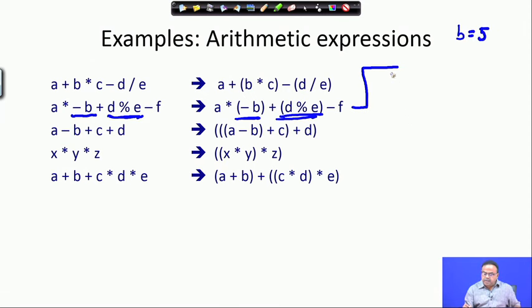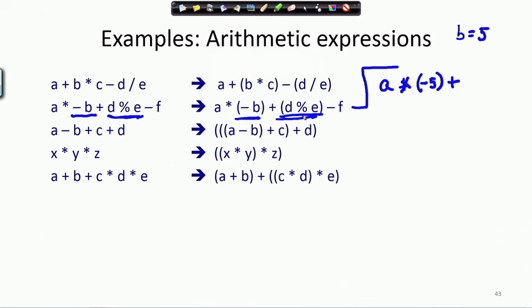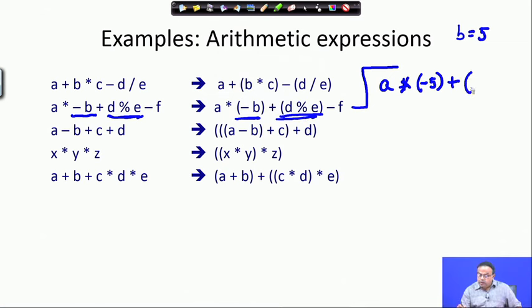So, first after computing this, it would be a times minus 5, because b was 5, plus suppose d was 100 and e was 9. So, what is my modulus? 1, right. So, now at this point I have got d modulus e minus f.